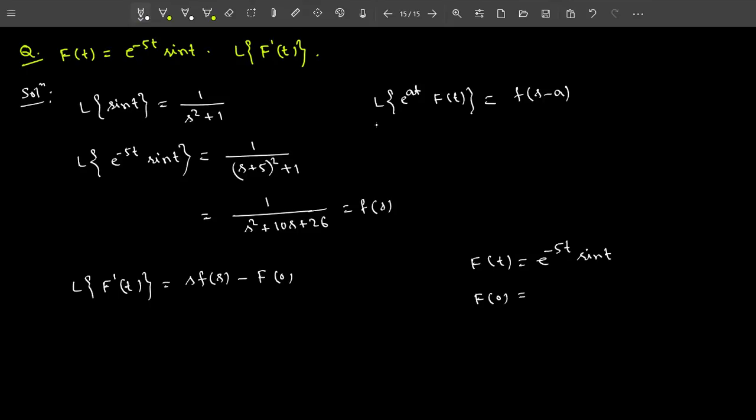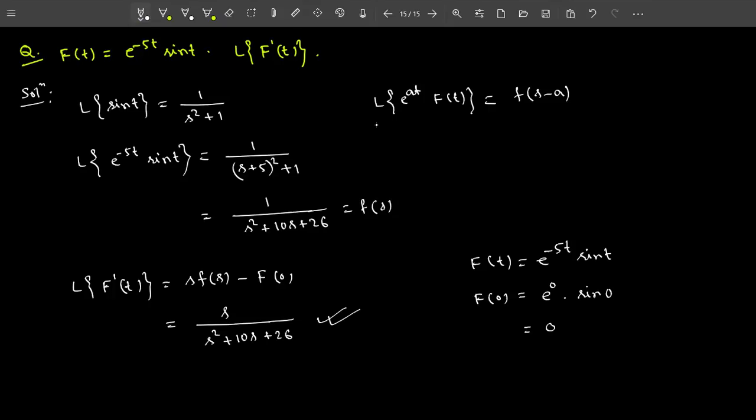That means you have to put t equal to 0. So that will be e to the power 0 into sine 0. And you know sine 0 is equal to 0 and e to the power 0 means 1. So 1 into 0, 0. Okay. So the final answer is s into F of s. So s by (s square plus 10s plus 26) and f of 0 is 0. Okay. So this is the final answer.